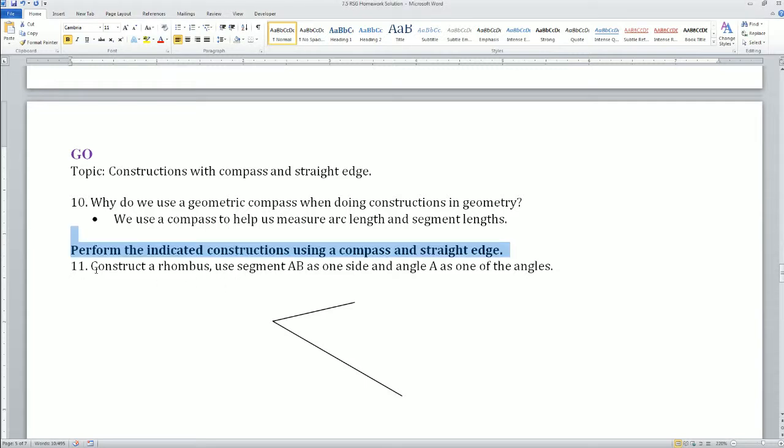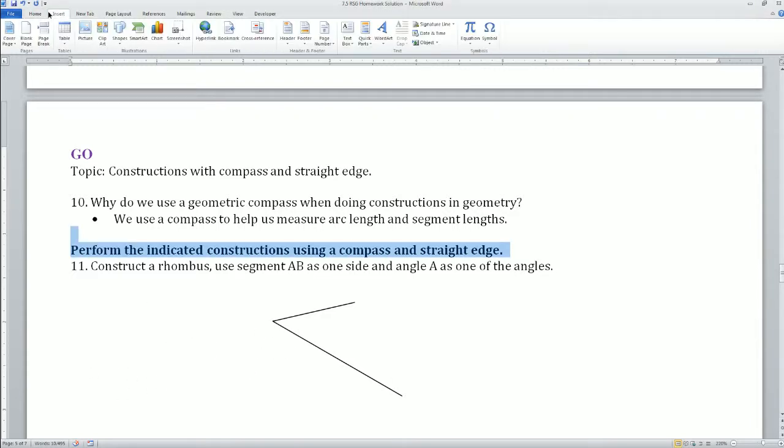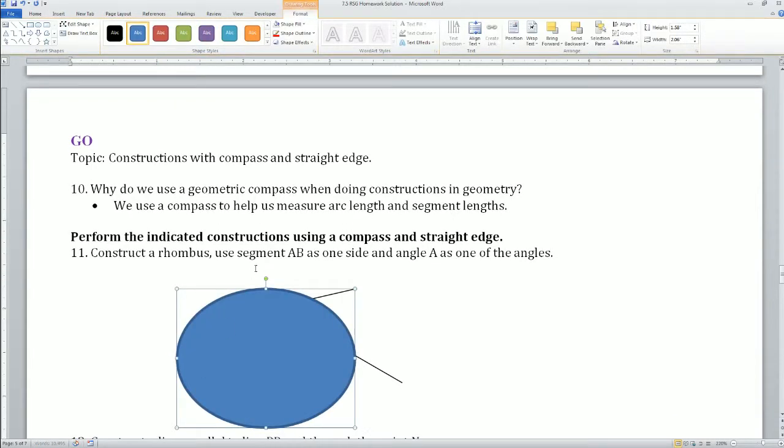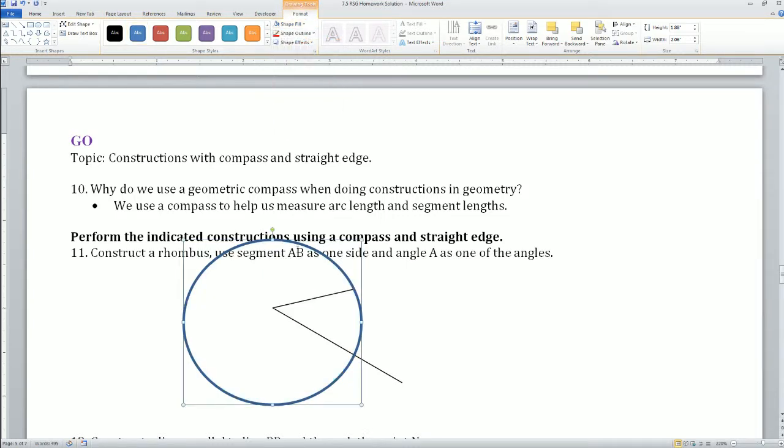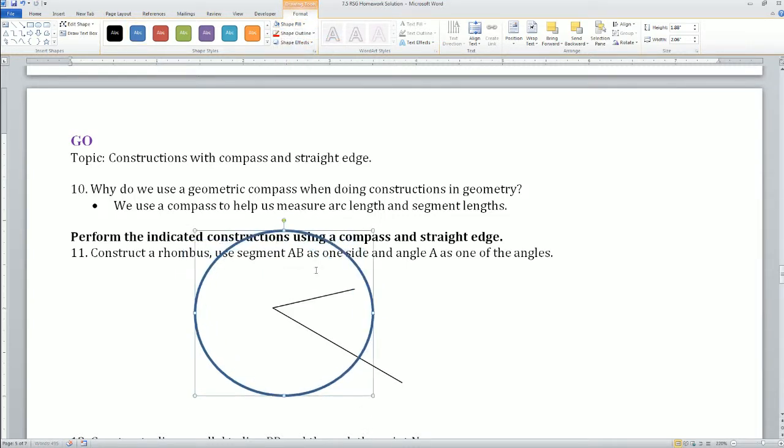You are going to perform the indicated construction. The first one: create a rhombus using the segment. I didn't label it, but you should have A and B here. Alright, let's make our construction. First of all, I need a circle. That's a horrible circle. Let's try again.